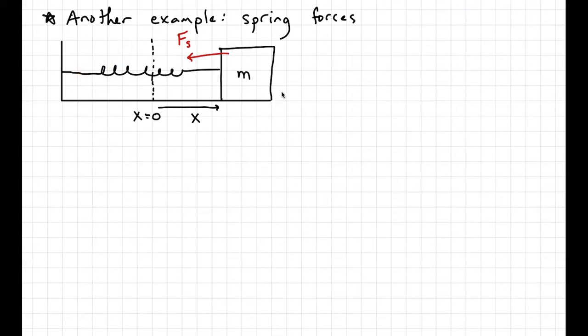As it turns out, the magnitude of the spring force can be written down as kx. So how strong the spring force is is proportional to how far away from equilibrium you've pulled the spring, which makes sense. But it's also proportional to this thing called k, the spring constant, which is just a measure of how strong the spring is.